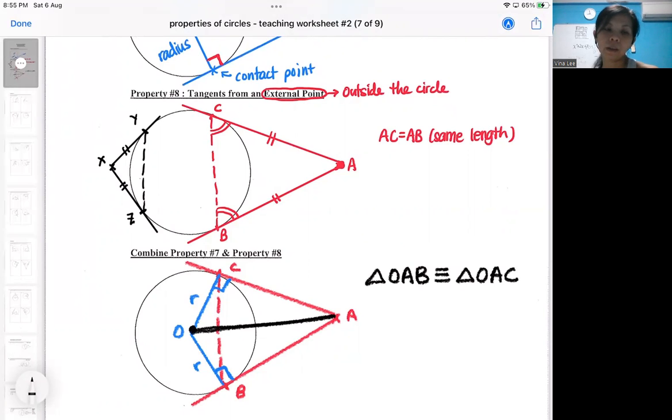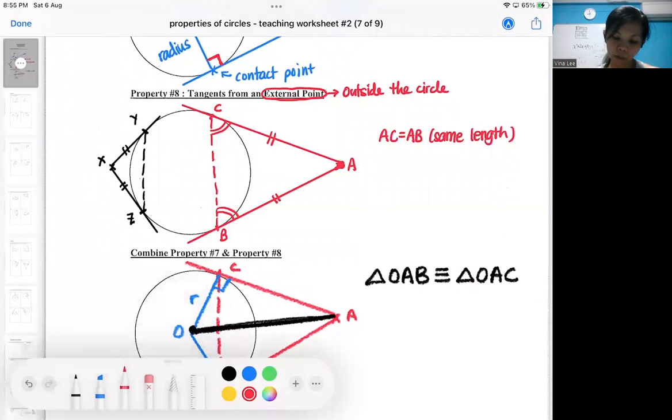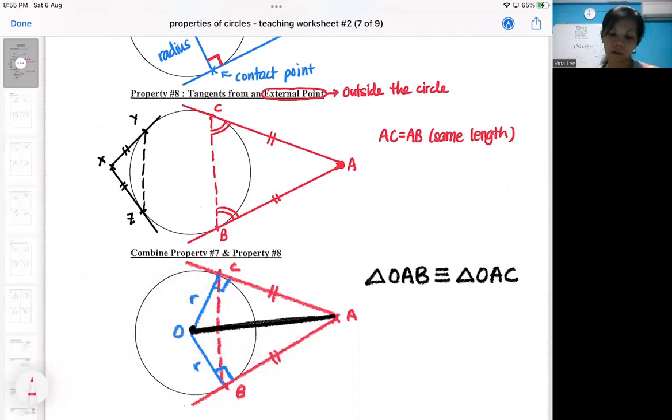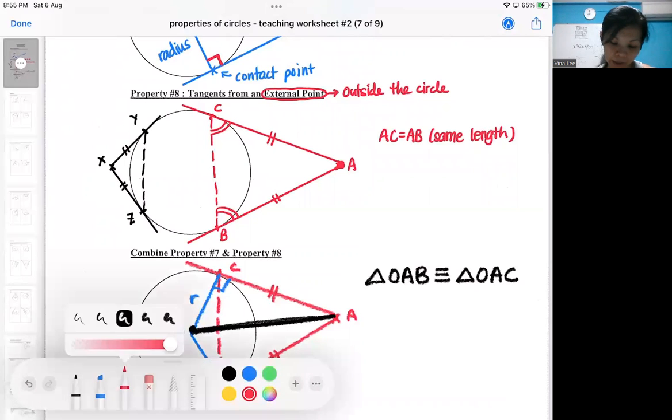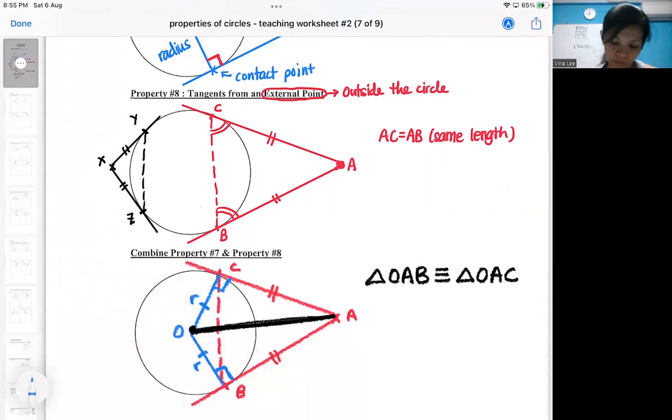Congruent is the idea that you learn in Sec 2. That means all the lengths will match. These two will match because we already know they are isosceles triangles. And obviously the radius must match. That's why you get identical triangles.